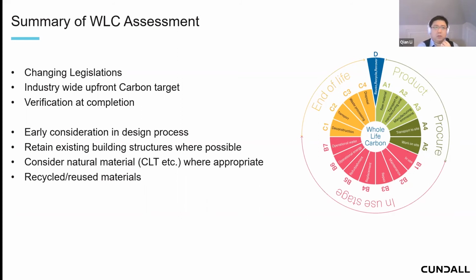The industry, although slowly, is changing; supply chain designers, the way they think and the way they consider buildings, are different now. And there are industry-wide upfront embodied carbon targets, albeit LETI and RIBA will have slightly different numbers, but with more data becoming available, they will become more aligned and more transparent in terms of assessment results.